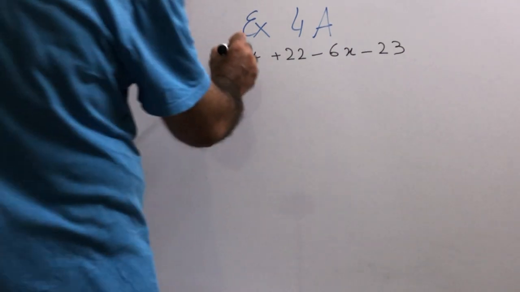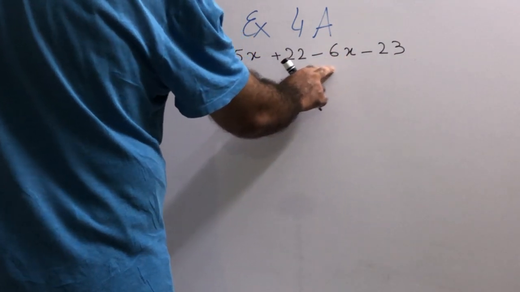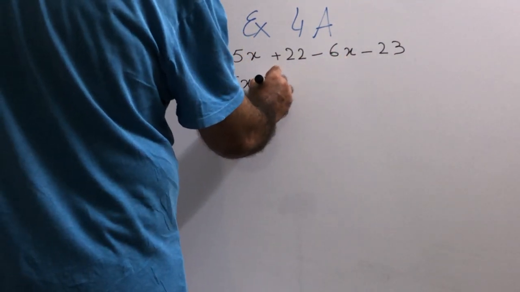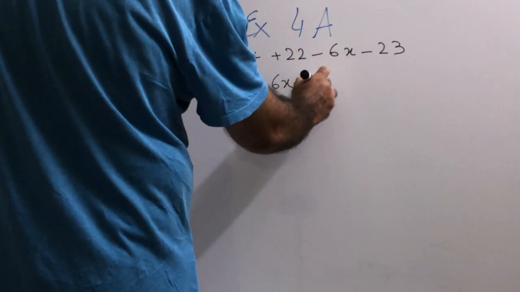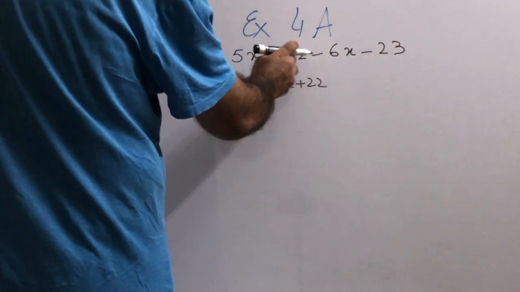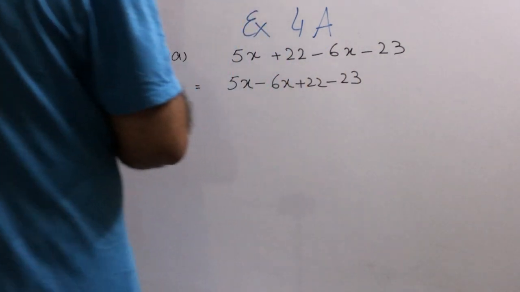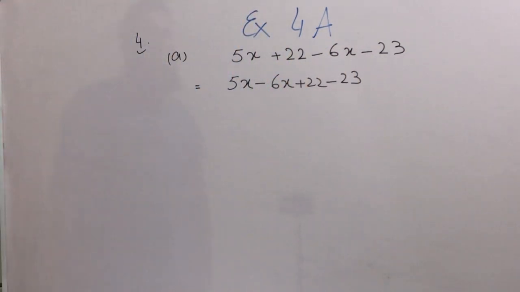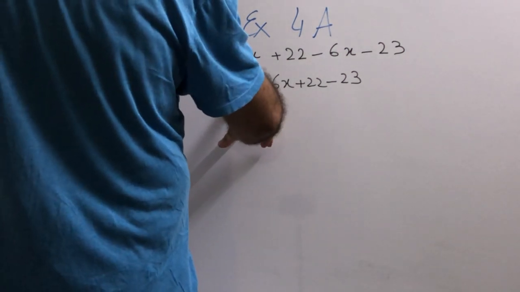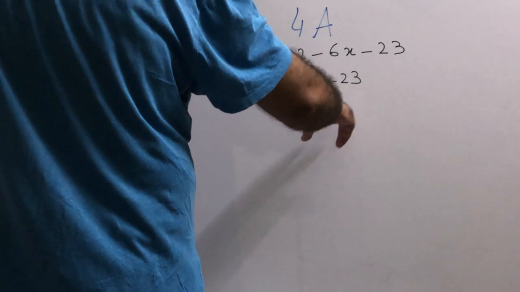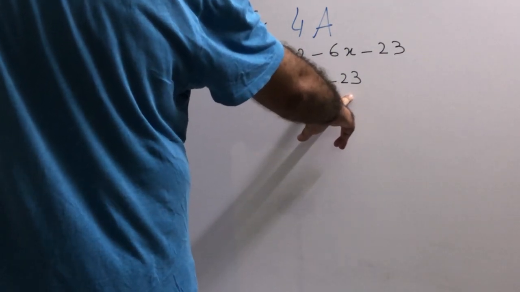Okay, so we will write 5x. We will bring this closer to 5x. It is minus 6x. Then this is plus 22. We'll bring closer this minus 23 to this one. So by this way we have rearranged the expression in a way that the things with x, they are neighbors, and the numbers without x, they are the neighbors.